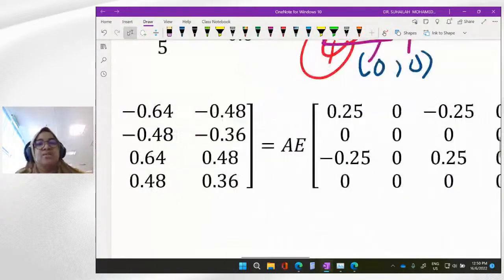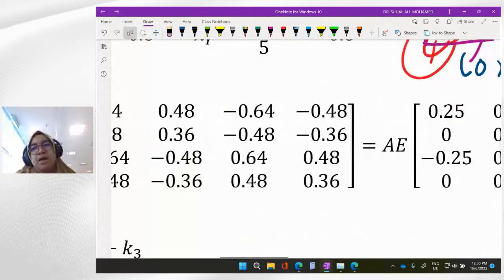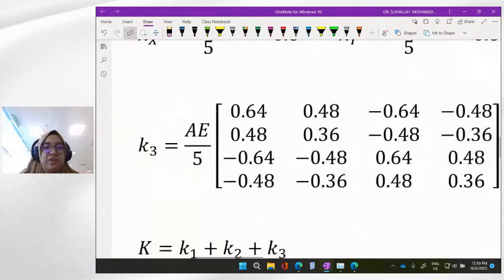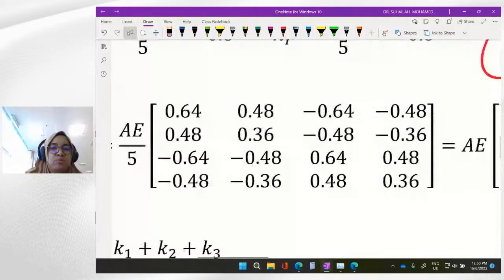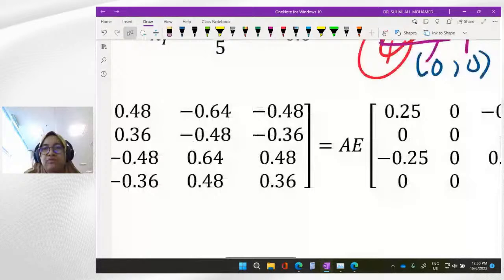It is 0.64 divided by 5, which is 0.128. Next value is 0.48 divided by 5. It is 0.096.